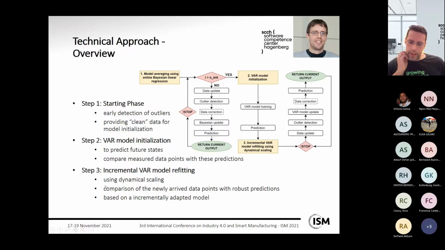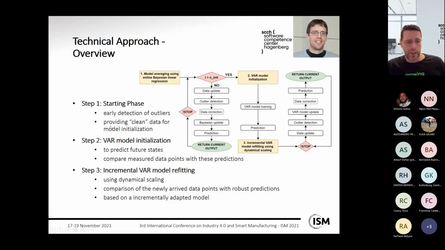The core idea behind is to generate a multivariate prediction model that robustly captures the contemporary structure of the data and use the predicted future states together with the estimated prediction intervals to detect then the outliers among newly arriving observations. So the whole approach should also be an online algorithm.